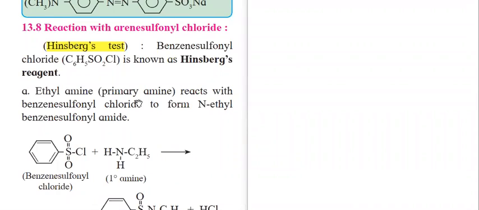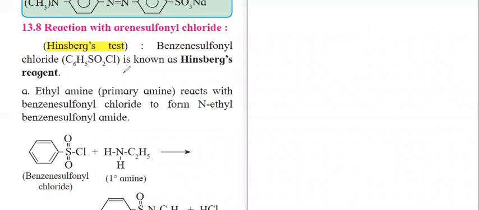Now we'll see the next reaction. We have just seen two reactions of diazonium salts, in which the diazonium group is displaced as well as retained. The next reaction is with arene sulfonyl chloride.